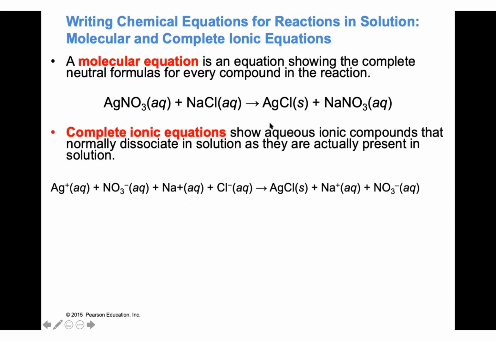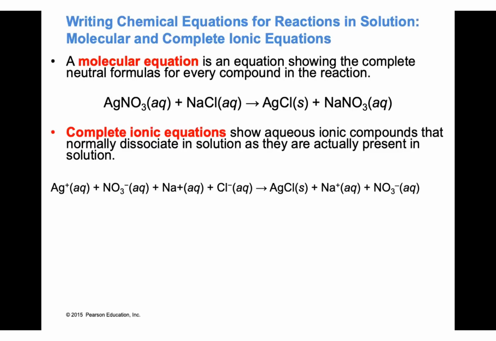The only important thing in writing the complete ionic equation is that you never ever separate solids, liquids, and gases. In writing the complete ionic equation, never ever try to separate solids, liquids, and gases.